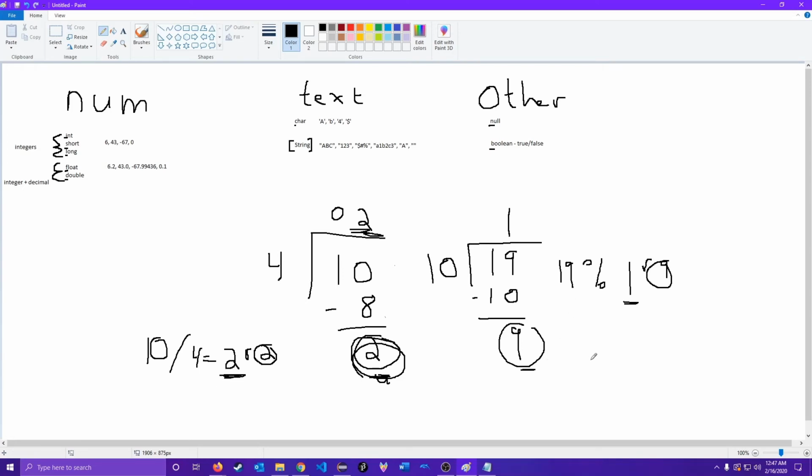So we'll use this as our example. 19 divided by 10 equals 1. 19 mod 10, right? This is where we get the 9, because 9 is our remainder.